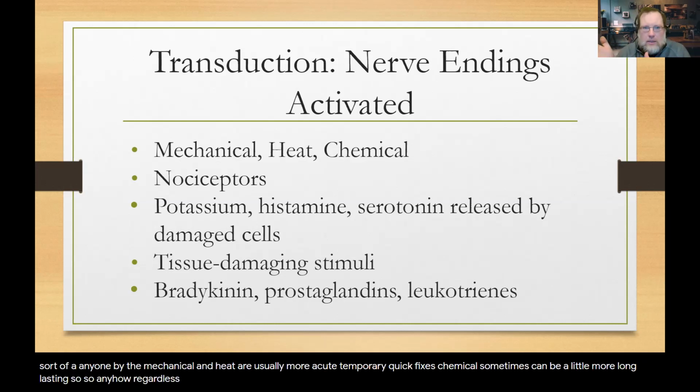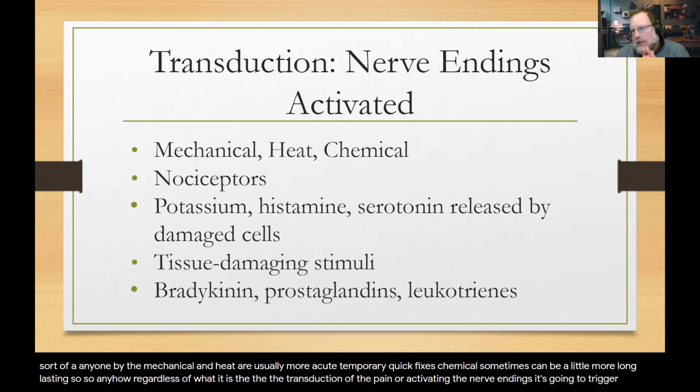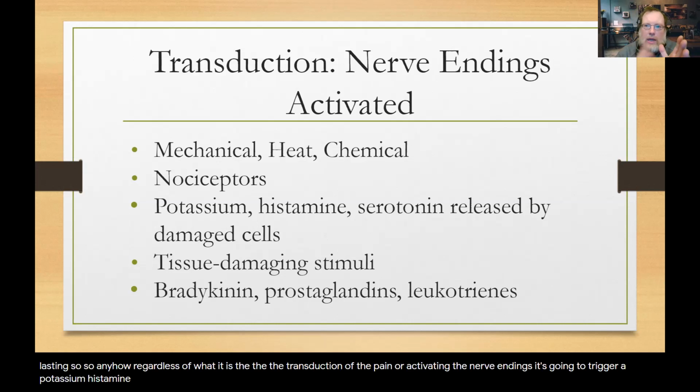regardless of what it is, the transduction of the pain, or activating the nerve endings, is going to trigger a potassium, histamine, and serotonin release by those damaged cells. The histamine triggers an inflammatory response. We're going to get white blood cells rushing to the area.